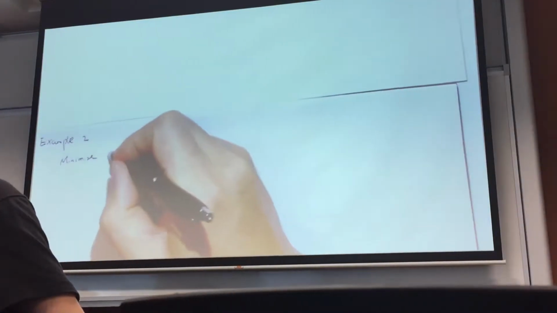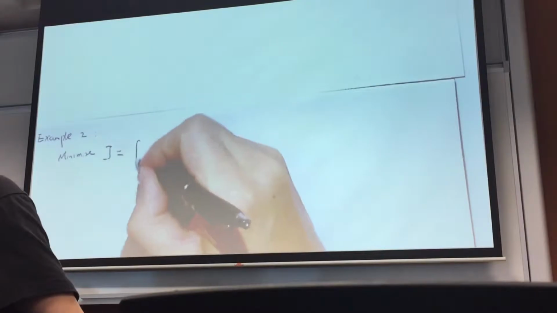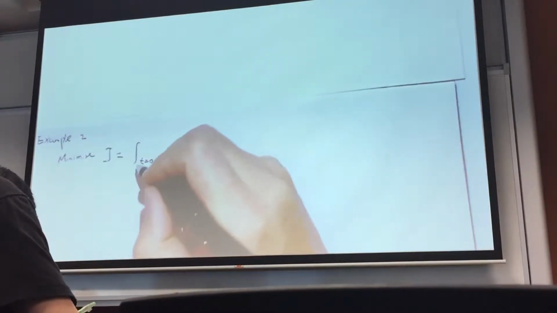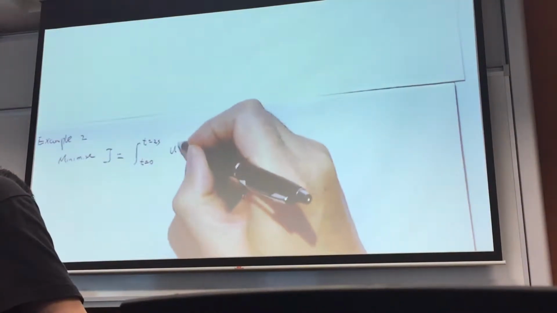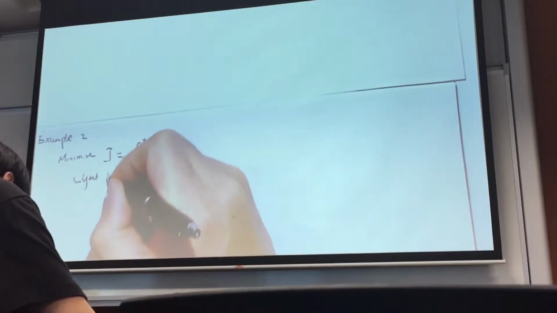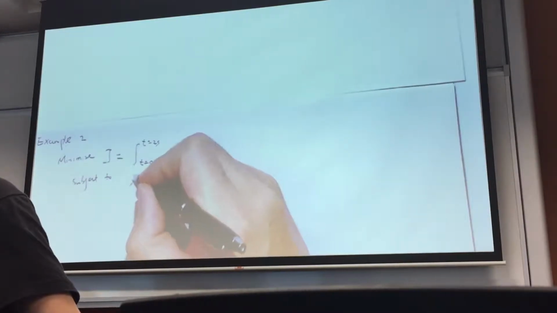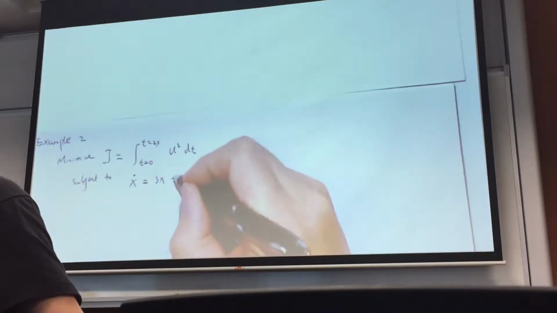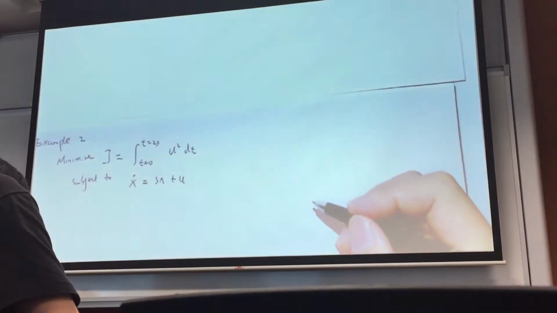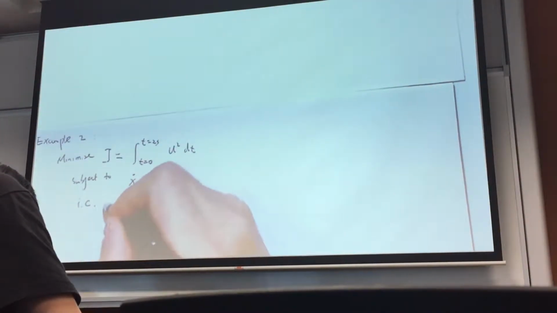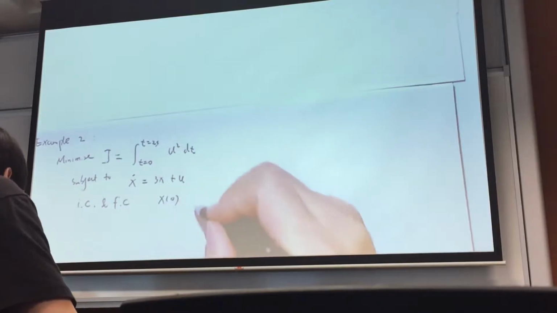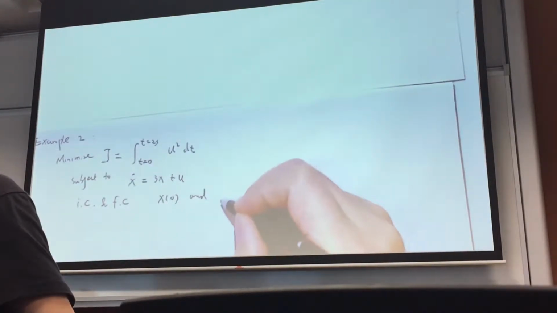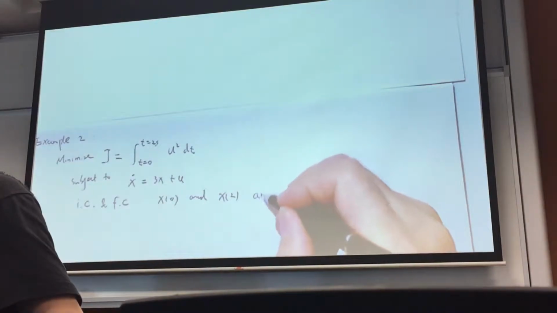You want to minimize the cost function, given by the integral from t equals 0 to 2 seconds of u squared dt, subject to x dot equals 3x plus u. The initial condition and the final condition, x0 and x2, are free.